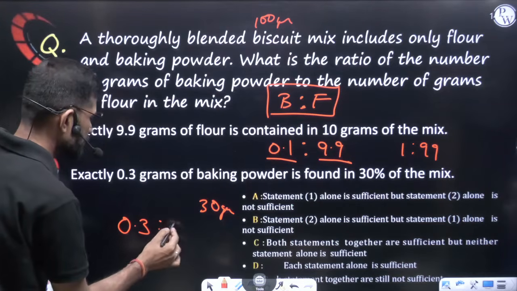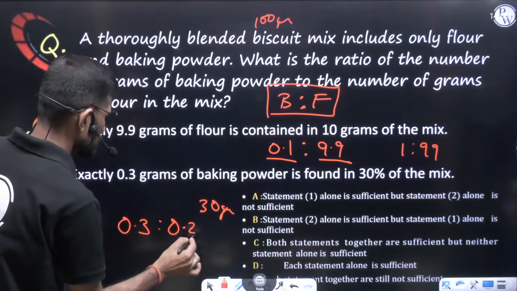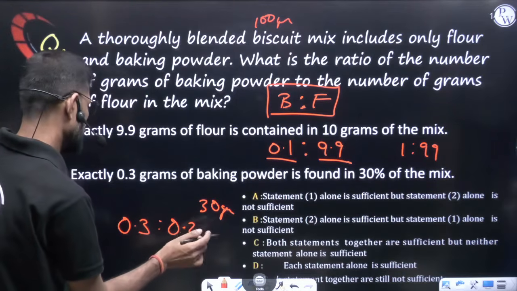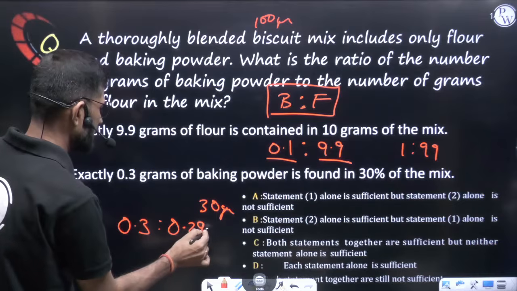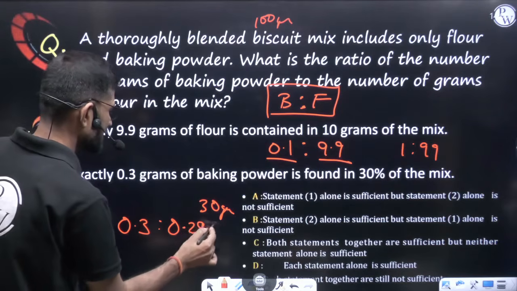So the remaining, how much will it come?